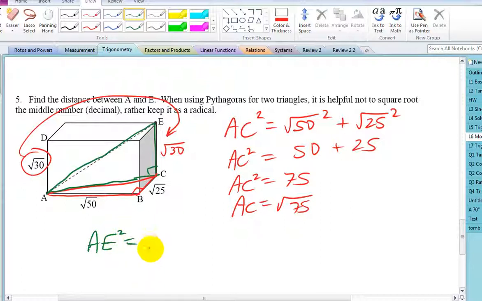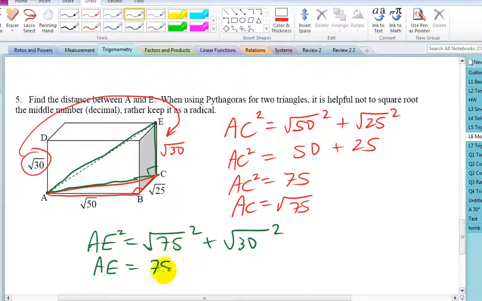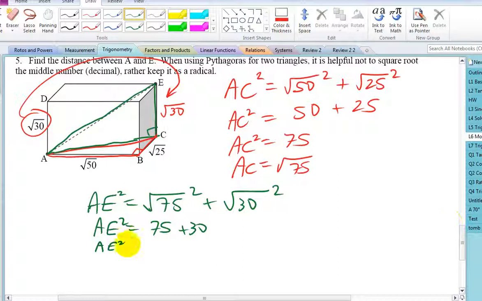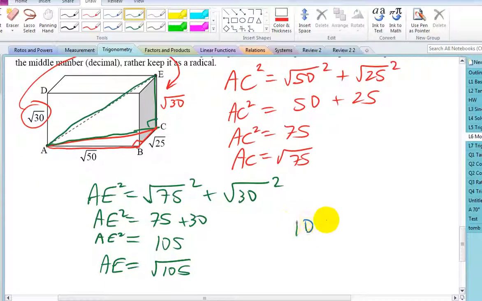And so you have to do Pythagoras again. We're lucky because we have to find the hypotenuse each time. Because of that, we're adding the squares each time. Now for your bonus question on the test, you actually have to simplify.